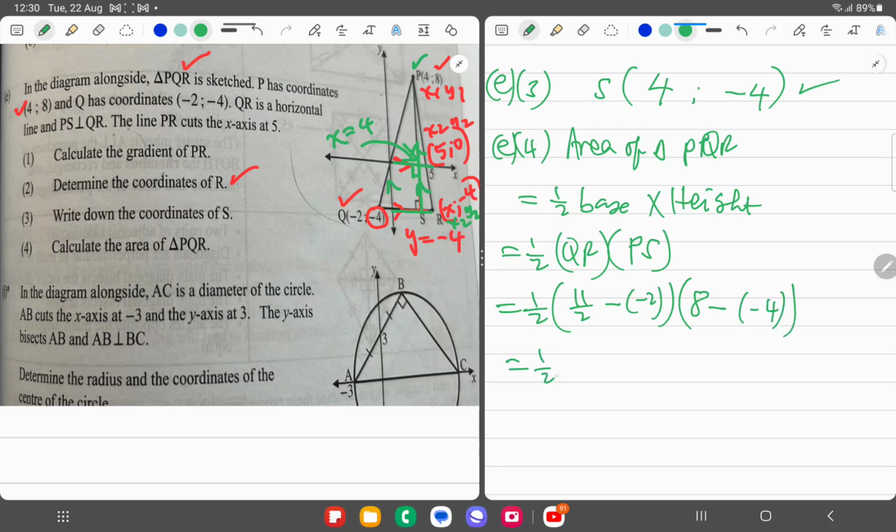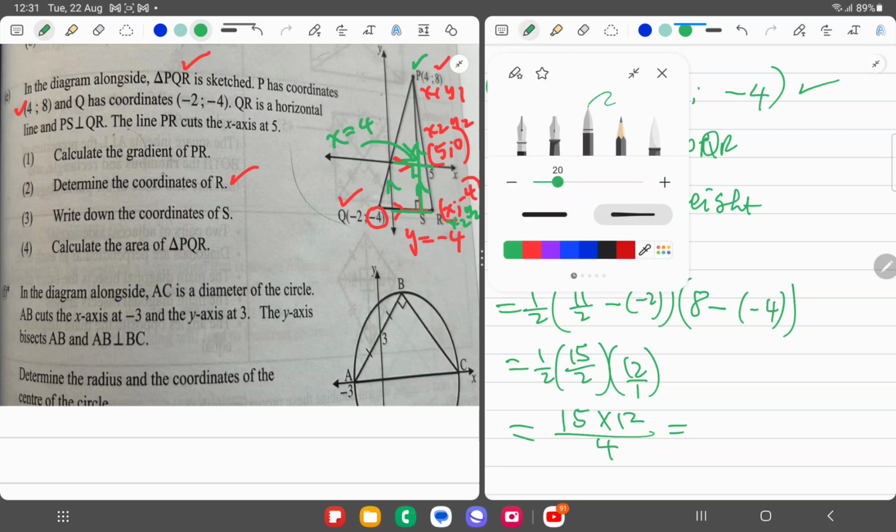So 11 over 2 plus 2 is 15 over 2, and PS is exactly 12. So this is 15 times 12 divided by 2 times 2, which is 4.